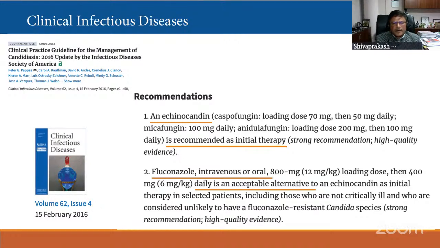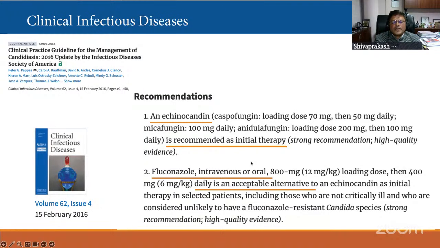Even in recent guidelines there is no change. Any of the three echinocandins can be used for the treatment of candidiasis. Fluconazole is also an option if susceptibility testing has been done and the isolate is susceptible. Otherwise, if you have data on fluconazole resistance in your hospital or setup, you can use that data and treat those species with fluconazole.